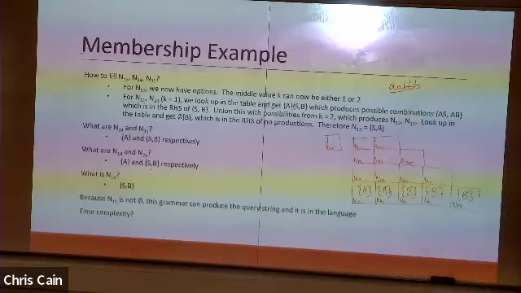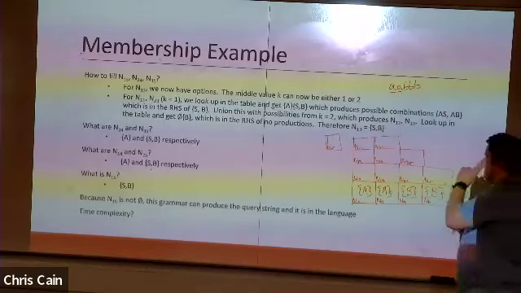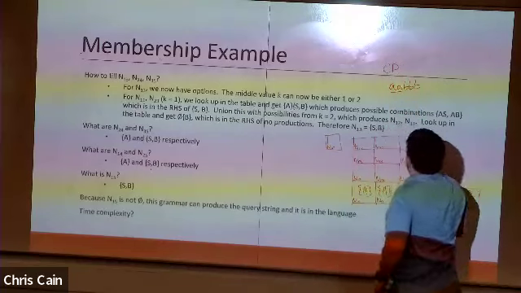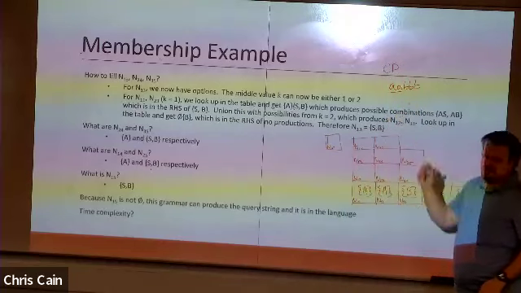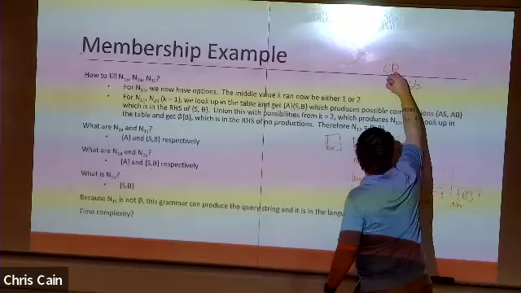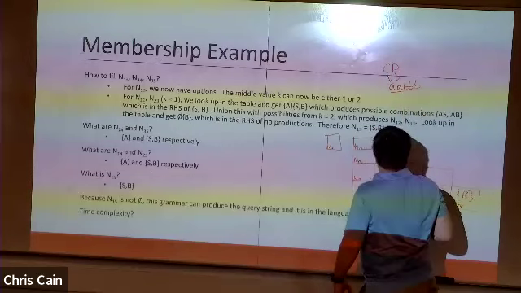So we need some series of productions. We call it CD, such that C produces from the beginning up to some middle point, and D produces from some middle point up to the end of this substring. When the substring is length 2, there's only one place where that midpoint can be, which is right in the middle. So C needs to produce A and D needs to produce A.